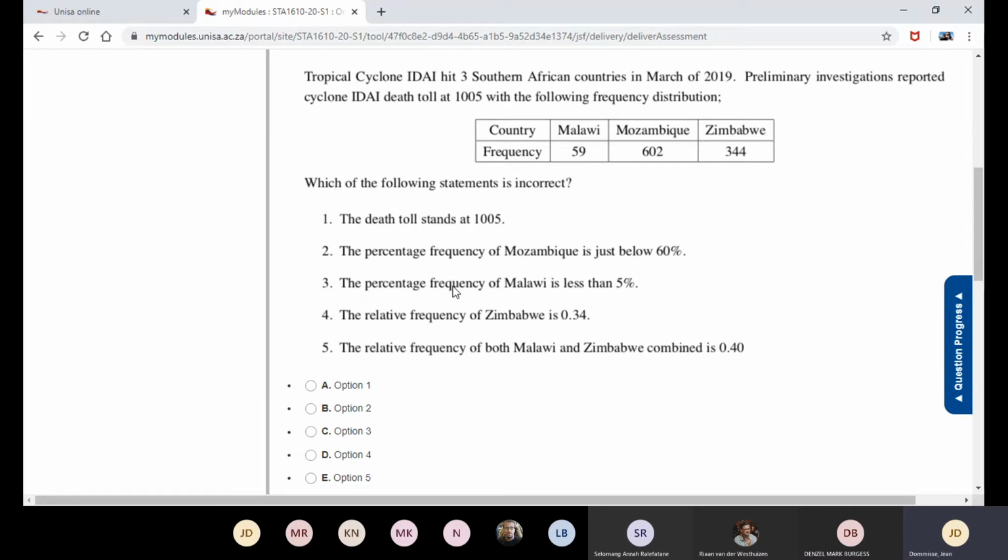The percentage frequency of Malawi is less than 5%. If we divide that by the 1,005, it will probably be below 5, so I would have said that is also correct. Relative frequency of Zimbabwe is 0.34. Relative frequency of both Malawi and Zimbabwe combined is 0.4.